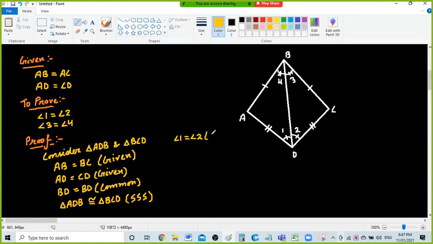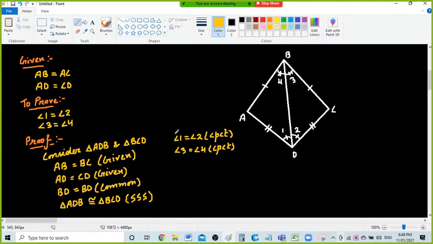That's by CPCT, that is, corresponding parts of congruent triangles. And in the same manner, we have angle 3 equals angle 4, that's again by CPCT. Fine. And that is what we are supposed to prove, right?